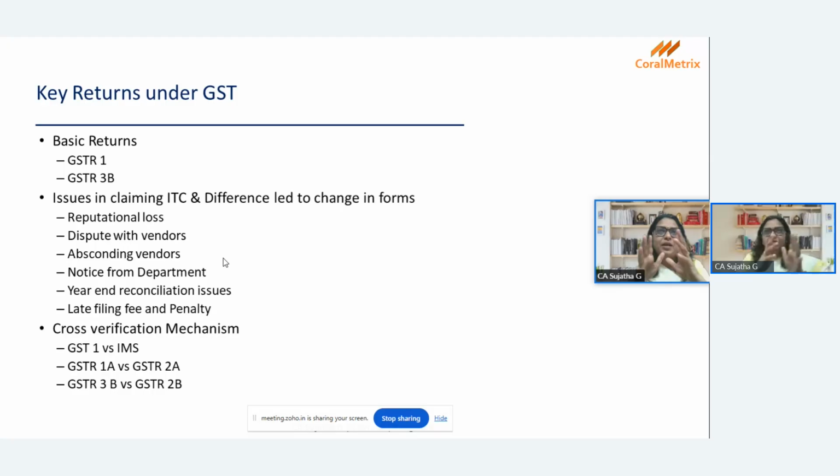There is a mismatch between GSTR1 and 3B. And there was something called GSTR1 or GSTR2A, which was enforced till 2021-22. Now, after 22, we are into GSTR2B. After that, to some extent, I would say the input tax credit has been settled, right?